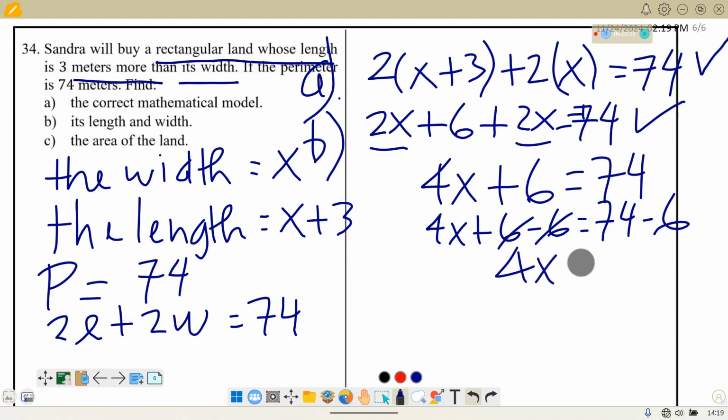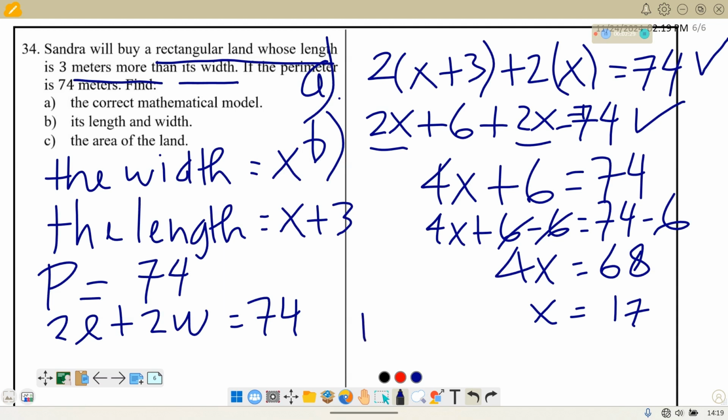This is 4x equals 68. So x equals 68 divided by 4, which is 17. So the answer is 17.